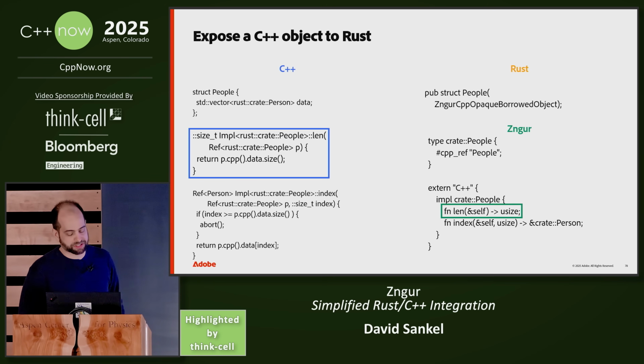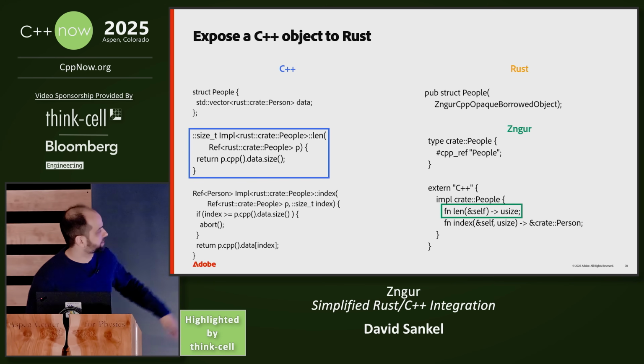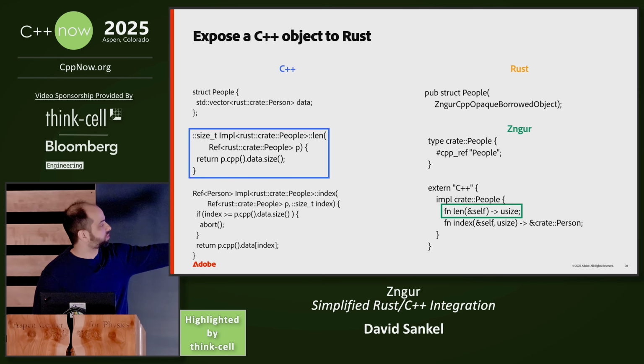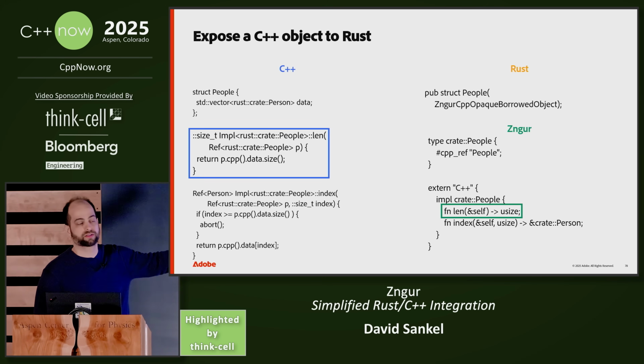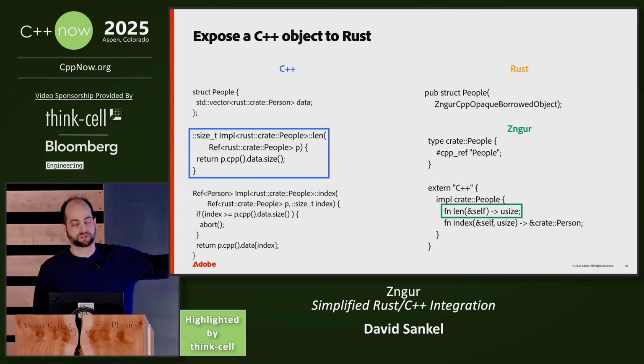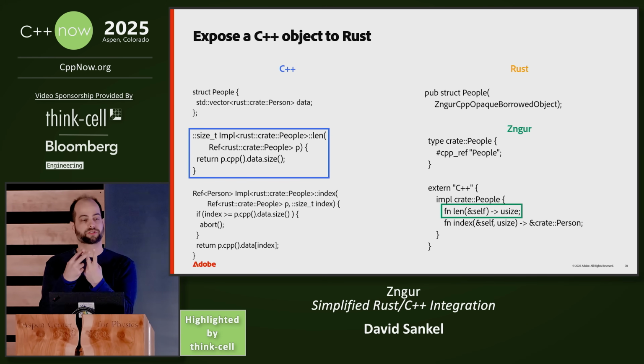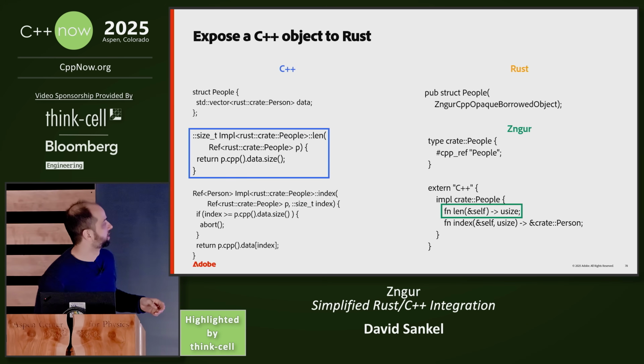And then the implementations themselves on the C++ side look just like this. What you're getting is a reference to the Rust crate people, okay? That's the Rust version of people, which is distinct from the C++ version of people. You're basically going to have two, the Rust one and the C++ one.